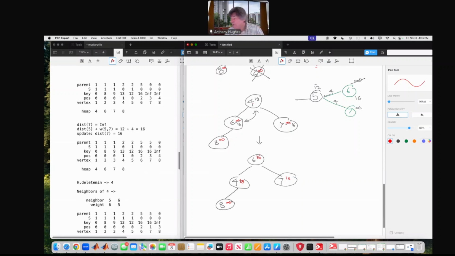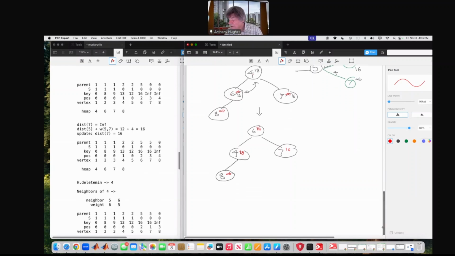So you get the idea that when you run this, I'll go through the steps again. Steps. Draw the picture again. You got the smallest node at the top. That's kicked out.